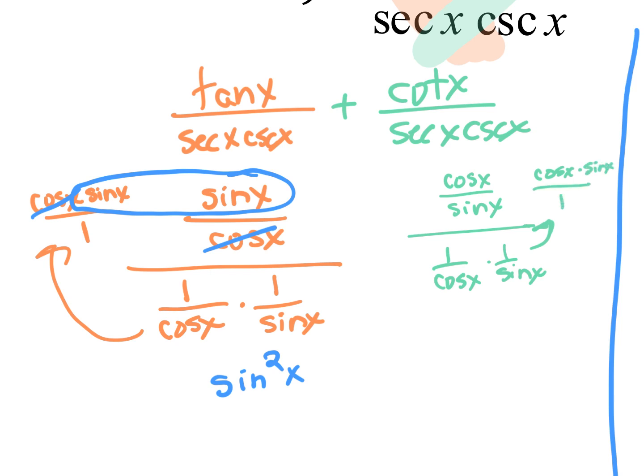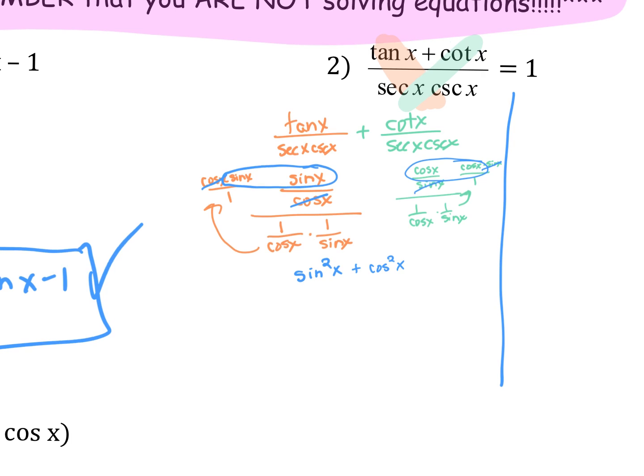And what happens over here? Sines divide out, and we are left with plus cosine squared x. Whose identity is that? Dina, I think that's your identity. Sine squared x plus cosine squared x is equal to 1. So we get that 1 is equal to 1. Boom. Nice.